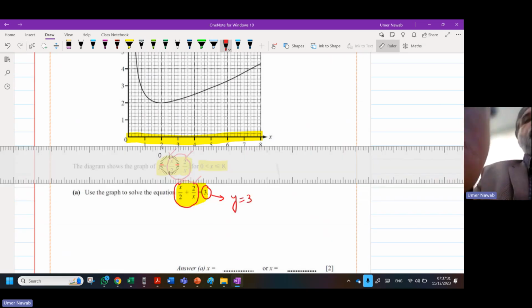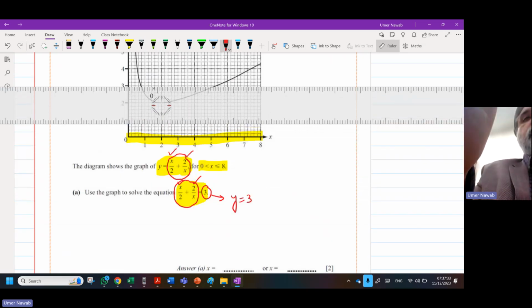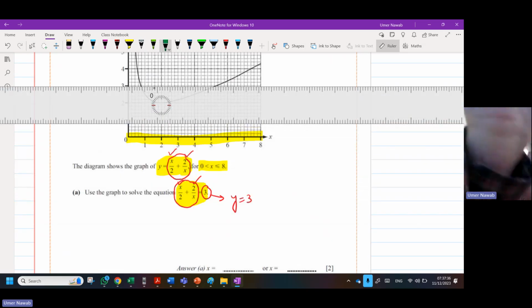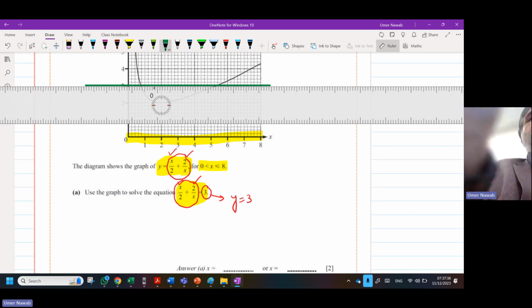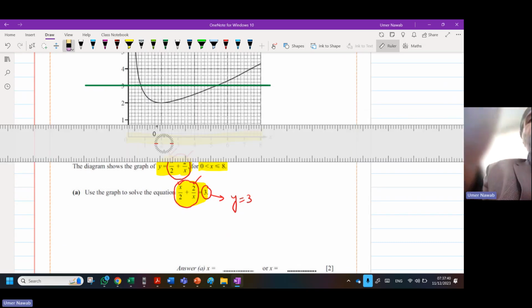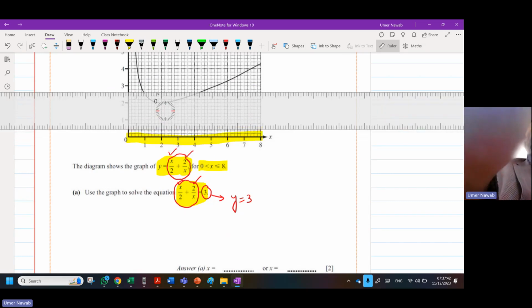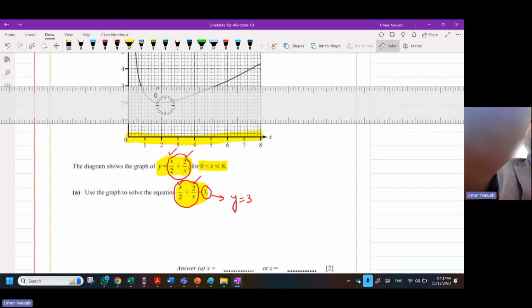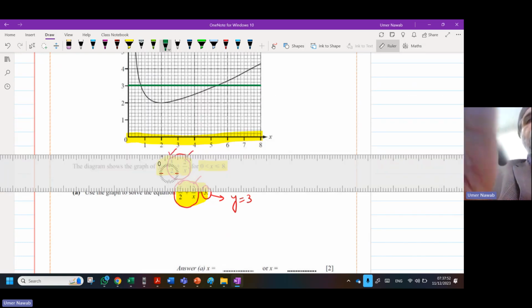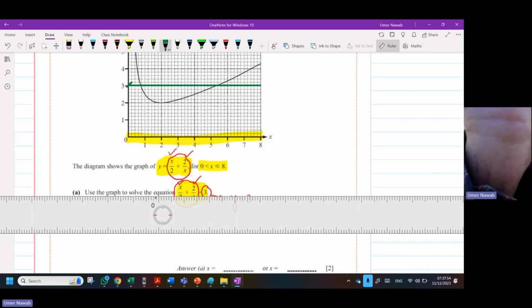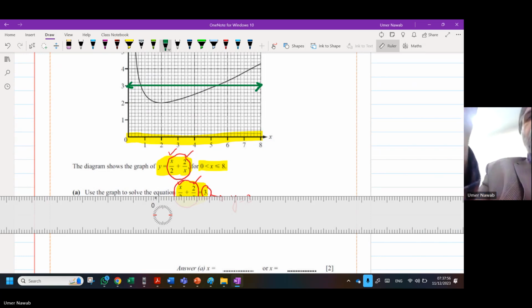So here is the ruler. I'm going to take my ruler towards 3. So I draw the line y is equal to 3. Although I don't need to extend the line behind 0 because the values of x used by him are from 0 to 8. I'm going to use this one. You may extend it. That's not a big deal.